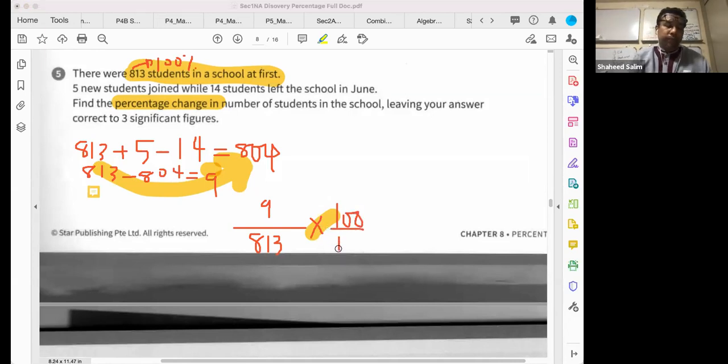What do you get? They want 3 significant figures, so 1.11%. That means there must be 3 figures. Okay, that is your answer.